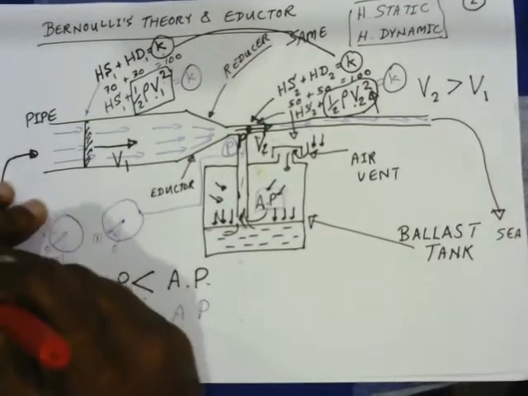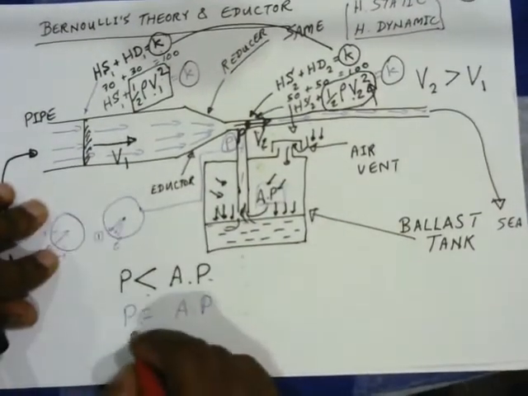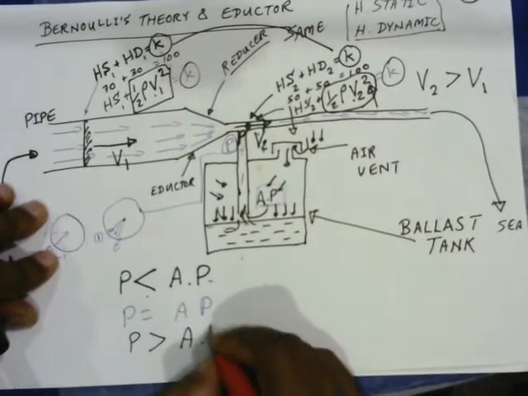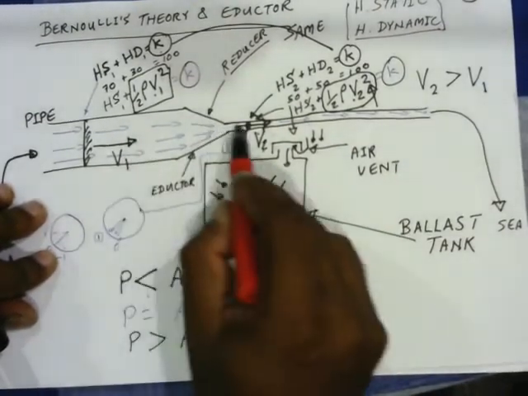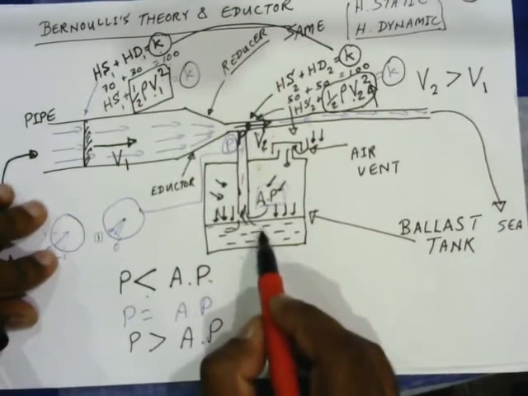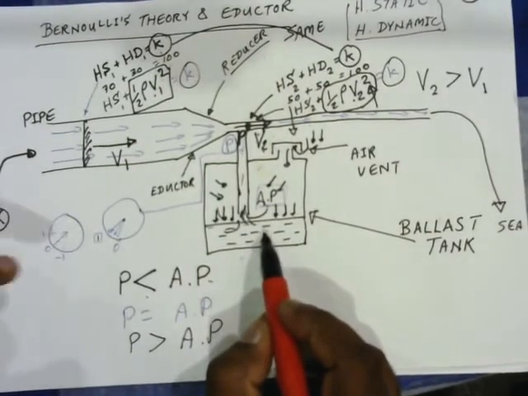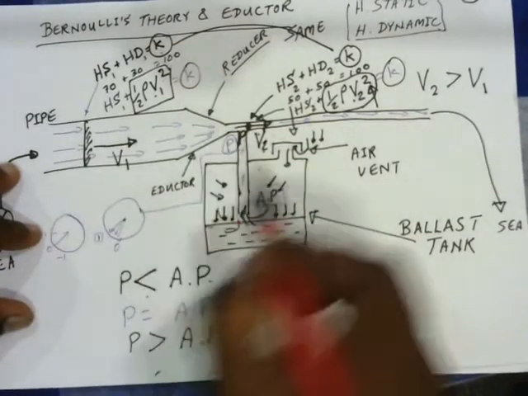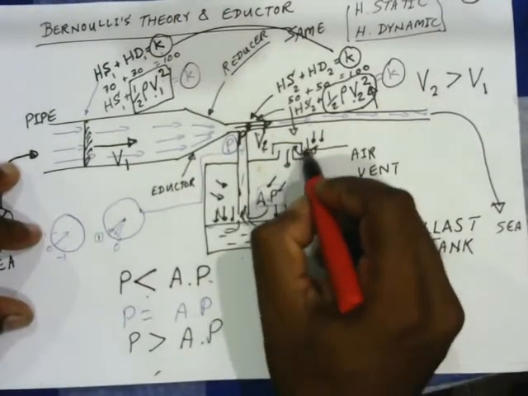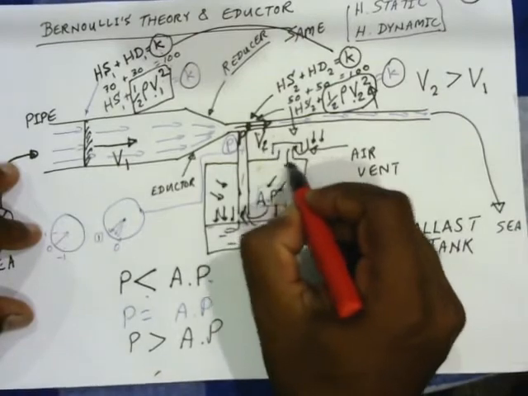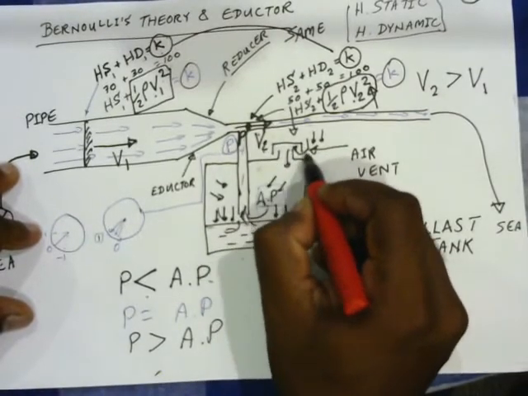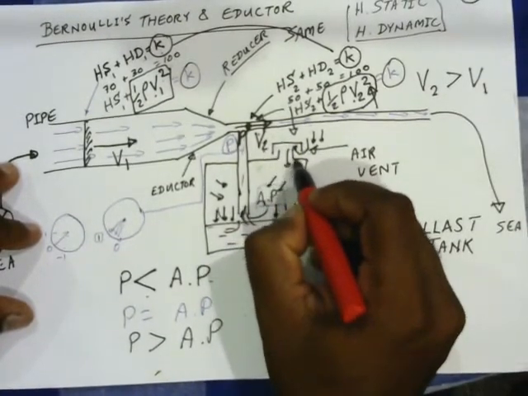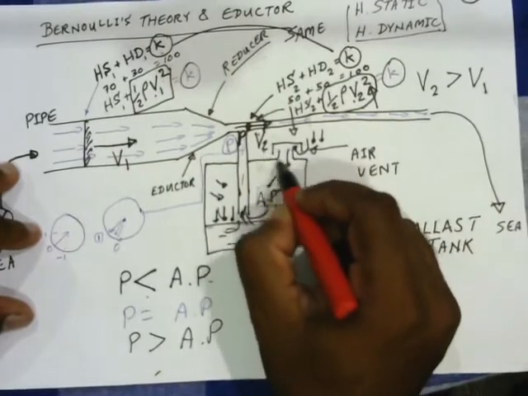If in any case P is more than atmospheric pressure, you will be filling the ballast tank. So make sure that when you are operating the eductor system, the most important factor is that your air vent should be in very good condition, and in older ships, it needs to be opened up manually.